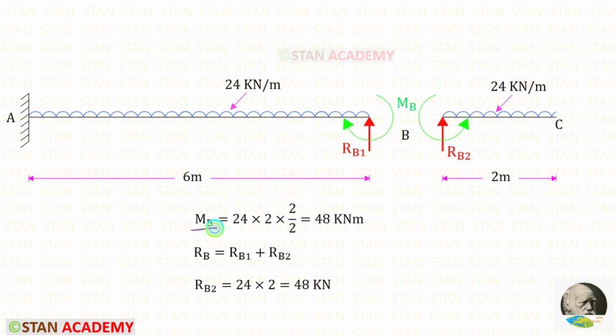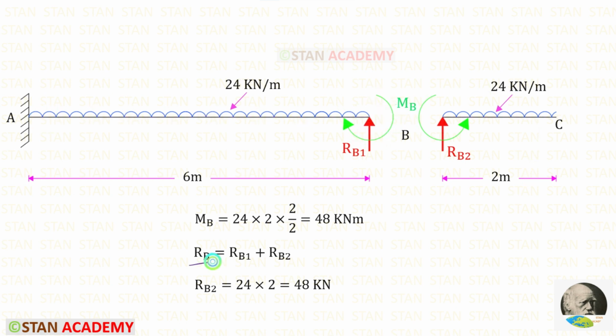So that for MB we will get 48 kilonewton meter. The uniformly distributed load is acting in the clockwise direction, so the moment MB will be acting in the anti-clockwise direction in BC and will be acting in the clockwise direction in BA.